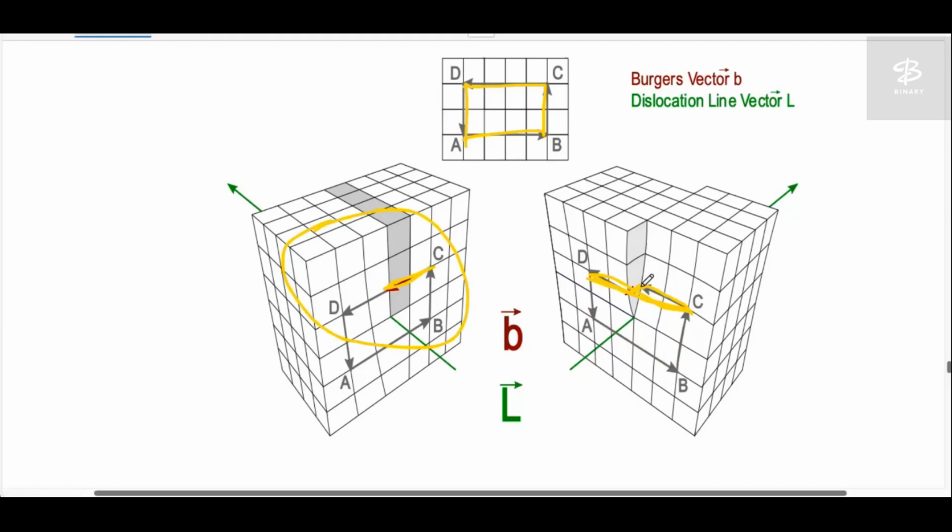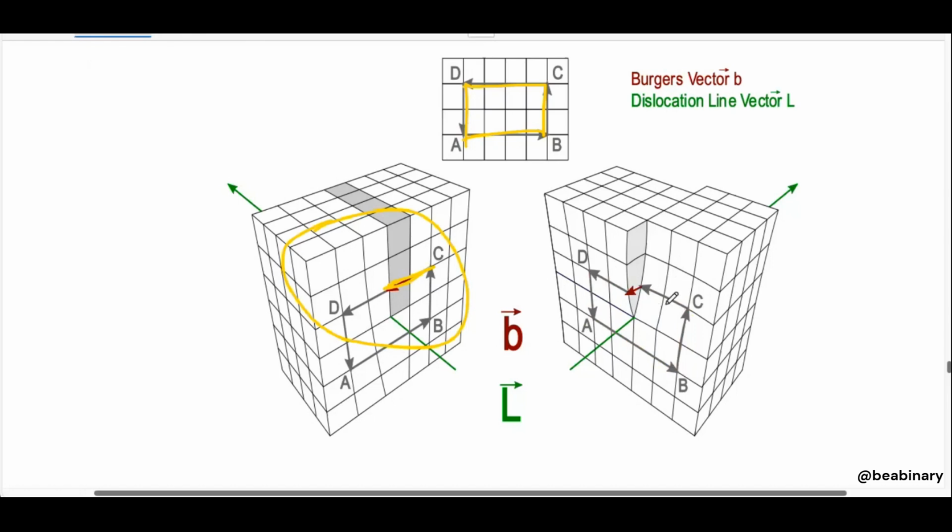Second, direction, and third, it follows the vector law. But in general, we are concerned with vectors having magnitude and direction. So the magnitude and direction will indicate in which direction the dislocation is and how they have dislocated from there.